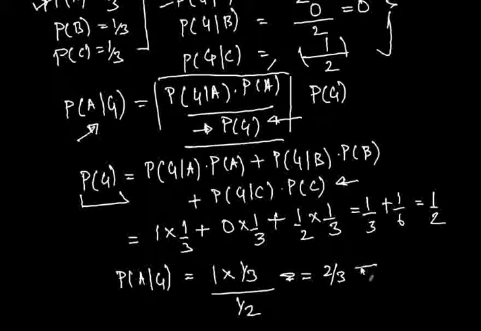You can do this calculation on your own. What I really wanted to focus on was the Bayes' theorem part of it. So the answer to our question is 2 by 3. The probability that the coin came from shelf A is 2 by 3.